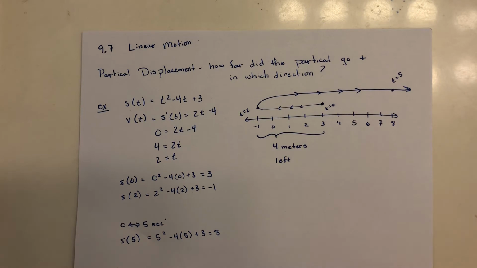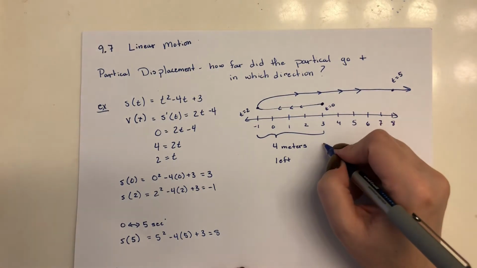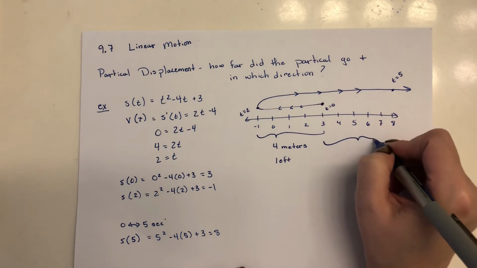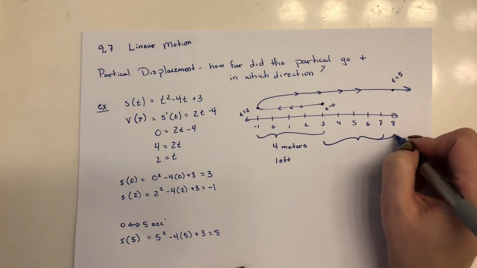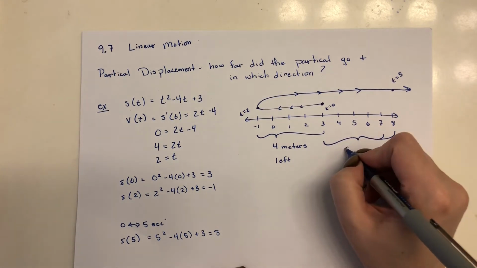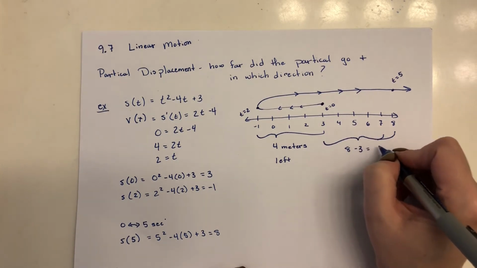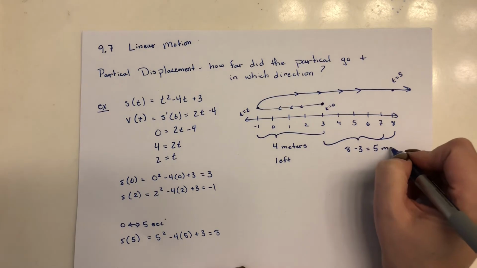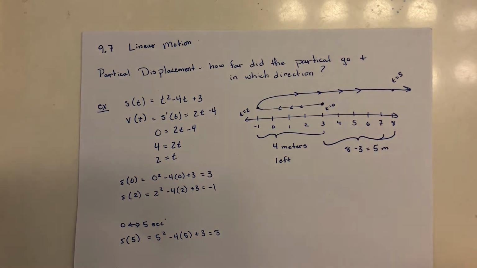So here's what I know about my graph: I can figure out what the displacement is from where it started to where it stopped. From where it started at time 0 all the way over to 5 seconds, it actually went from 3 to 8, so 5 meters. Now notice that's not taking into account the fact that it went backwards. It's just taking into account that forward motion.